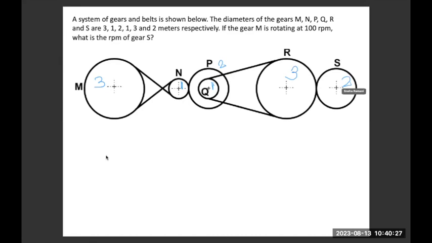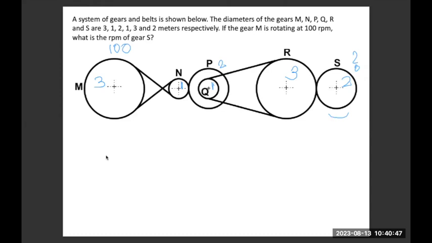This is the radius which is given to you. If M is rotating at an RPM, which is rotations per minute, which is 100, what will be the RPM or the speed of this S part, which is given?